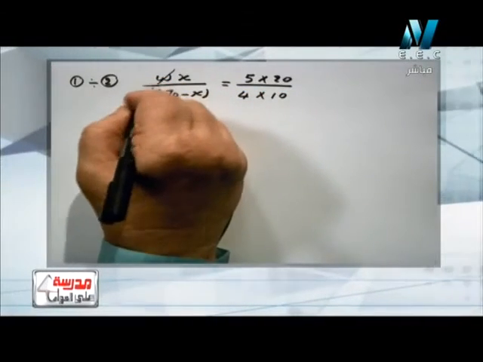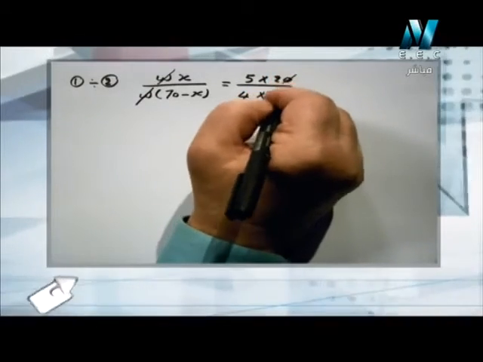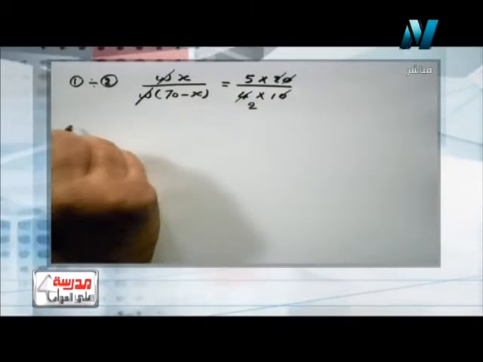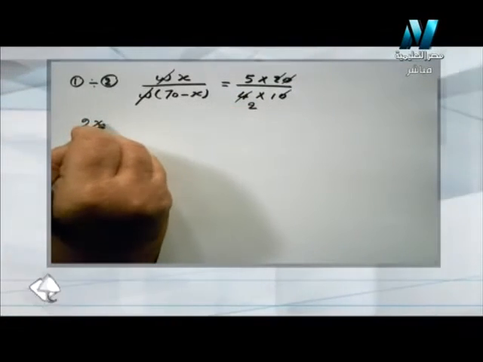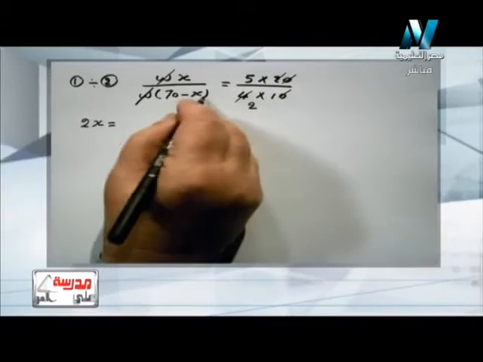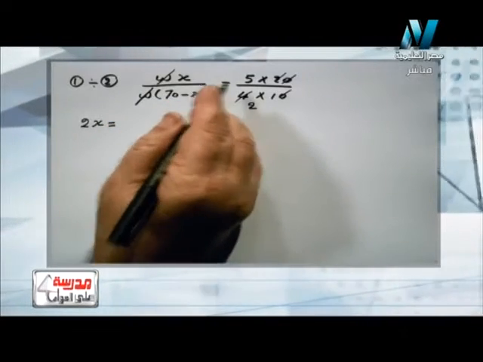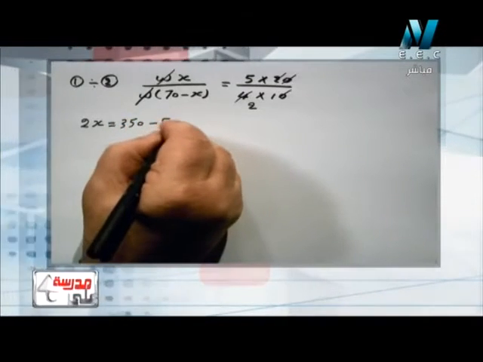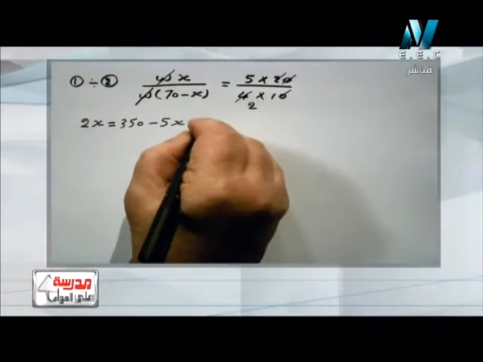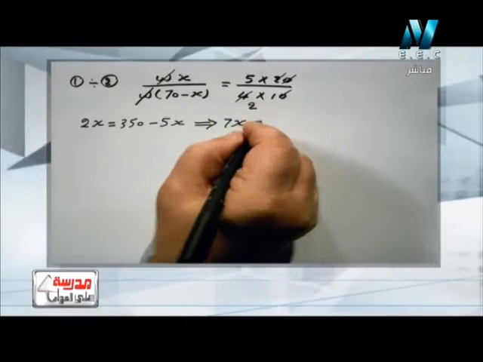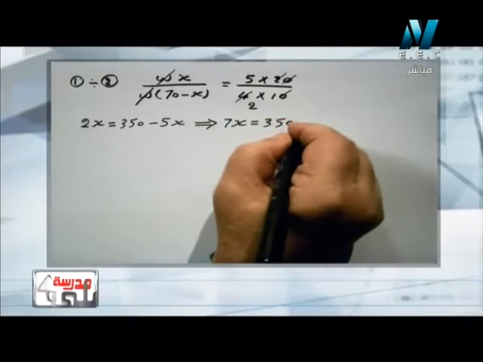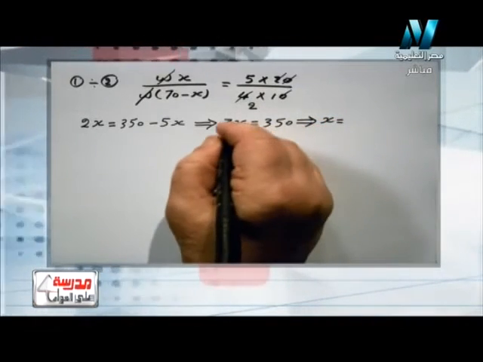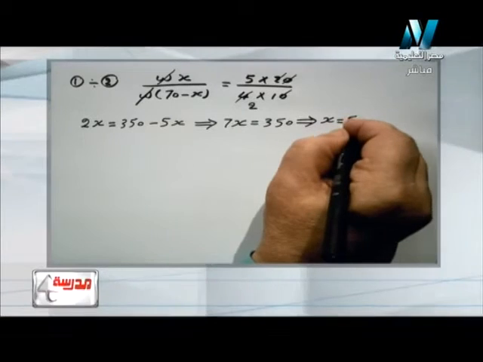Cancel W. 10 with 4 هتبقى equal 2.5. Cross multiplication يبقى 2x equal 5 multiply 70 minus x. 5 multiply 70 is 350 minus 5x، نوديها هناك يبقى 7x equal 350. يبقى therefore x equal 350 divided 7 is equal to 50 centimeter.